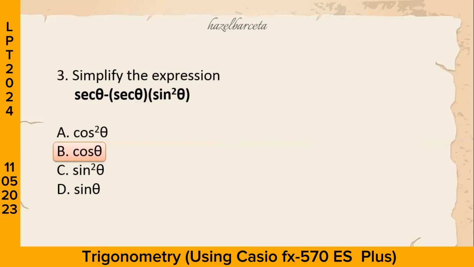Actually, dito po, pag ganito pong problem, okay lang na naka-degrees or naka-radians. Bakit po? Kasi we are not after the specific value. We are just to prove na itong expression na to ay may kapareho po sa expression na to para sila po yung simplified expression ng ating given. Right?